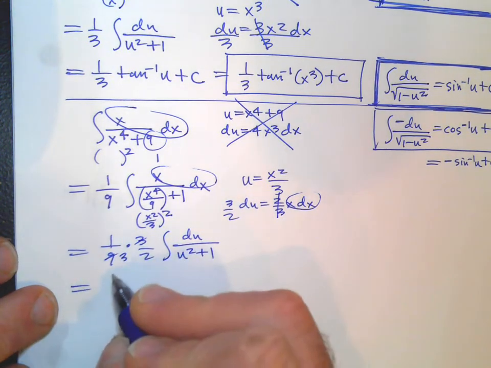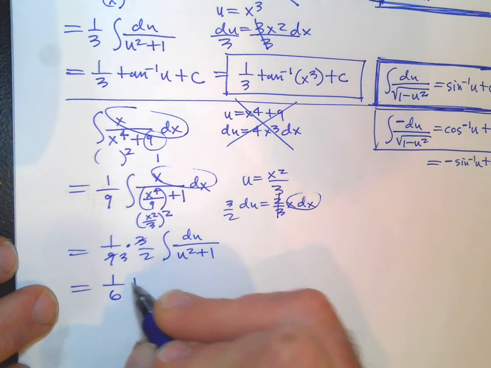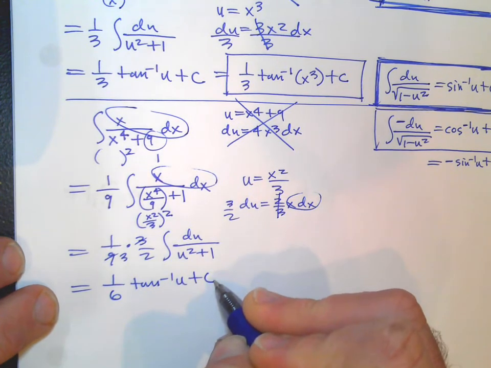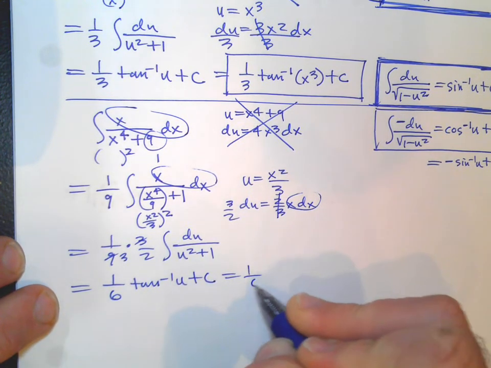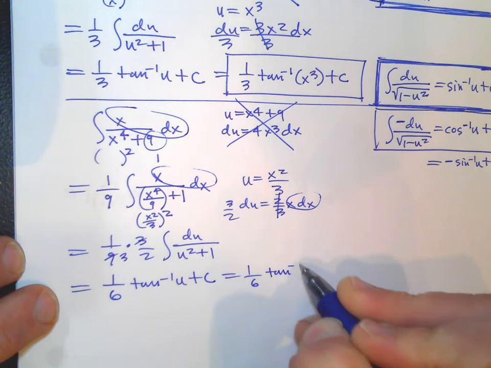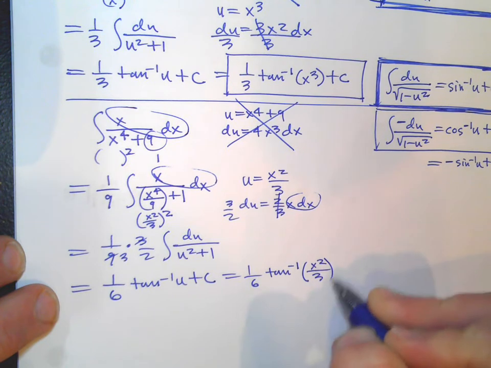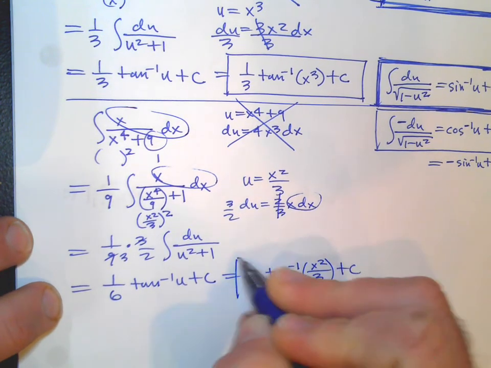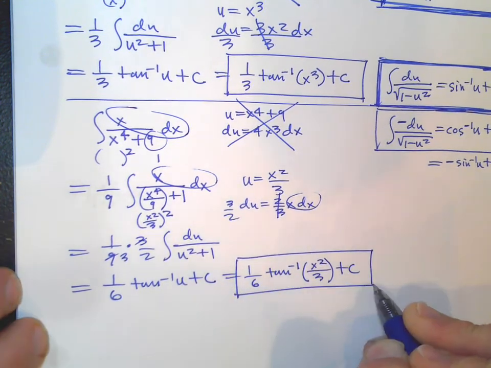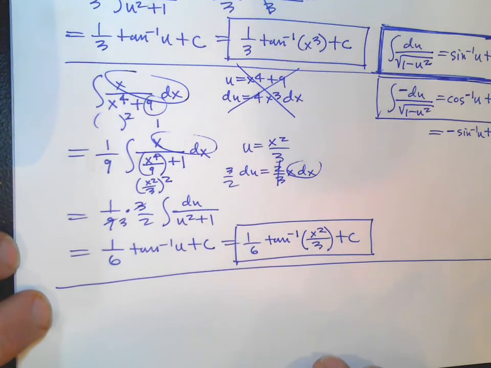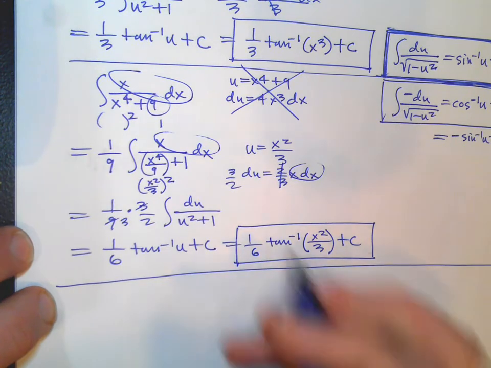So the answer is going to be 1/6 inverse tangent of u plus c, which equals 1/6 inverse tangent of x squared over 3 plus c. So sometimes they get a little challenging there. You've got to make that a 1 though first, okay?